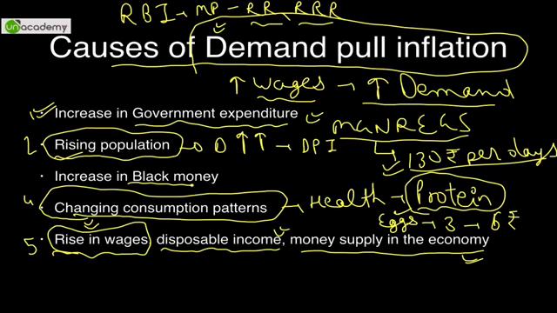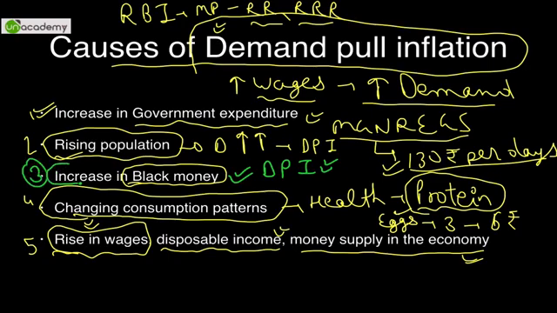But if there is black money in the economy, it is not at all accountable. If there is black money, people will obviously have more disposable income and it will lead to demand pull inflation, but it will not be tackled merely by playing with monetary policies or rates. So this factor needs to be taken into account.